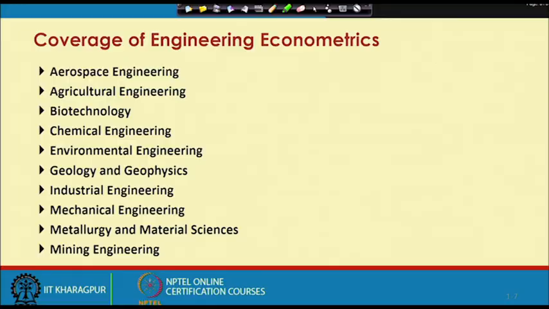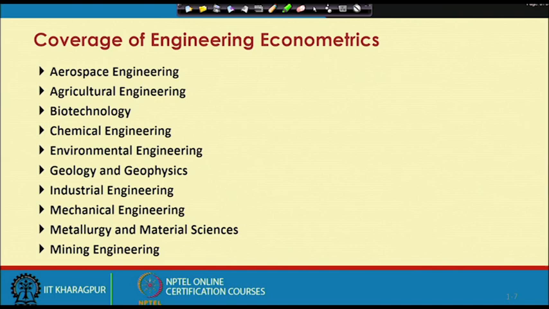So, our focus is not on a particular engineering aspect, like specifically aerospace, agriculture or biotechnology. The whole idea is that we have plenty of econometrics tools. Whenever we discuss a particular tool, we will pick up a particular problem to address with the technique, and then check how this technique can help to solve these engineering problems and look for new or better insights for the decision-making process.